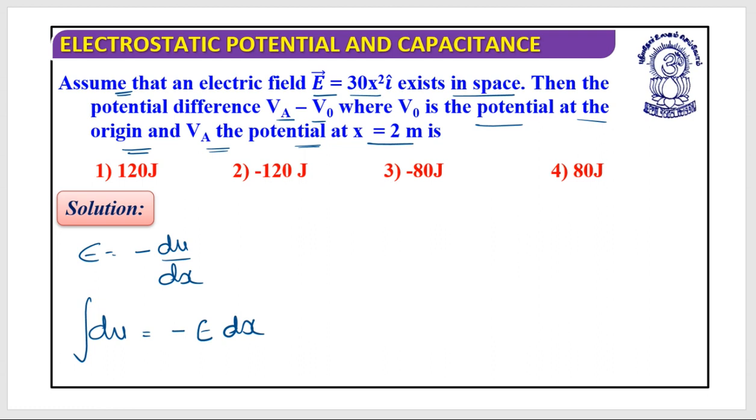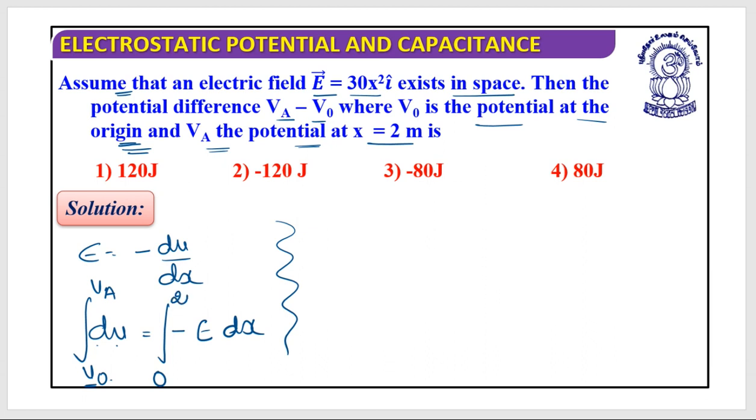If I integrate both sides, what would happen? Integrating dV begins with V naught and ends with VA. V naught is at the origin, and the potential at A is at x equals 2 meter.